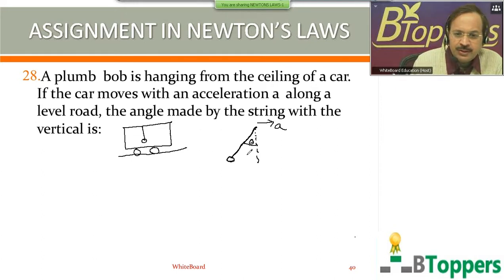So with respect to a stationary observer on the ground, the bob appears to move horizontally with the same acceleration with which the car moves. And with respect to a stationary observer on the ground, you can say that the bob has no motion in the vertical direction. So I am solving the problem first with respect to the laboratory frame of reference.